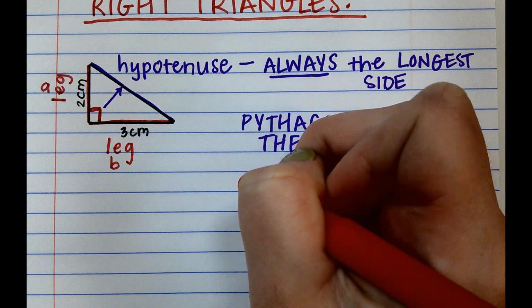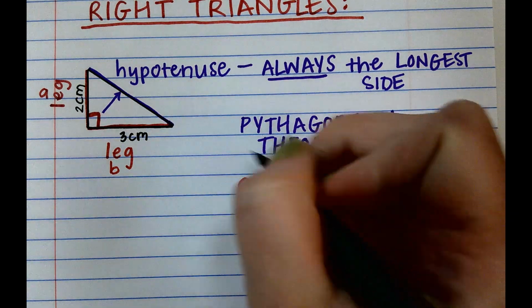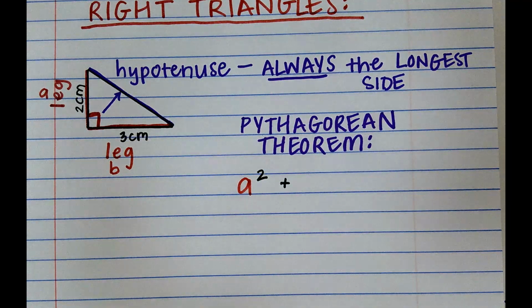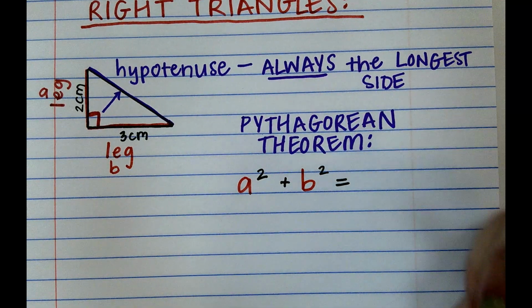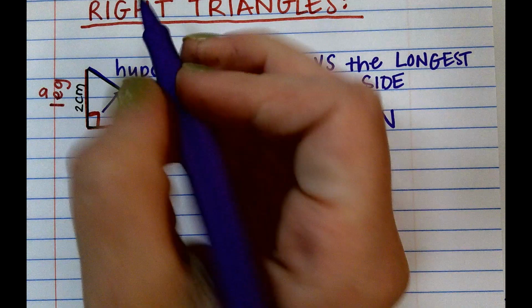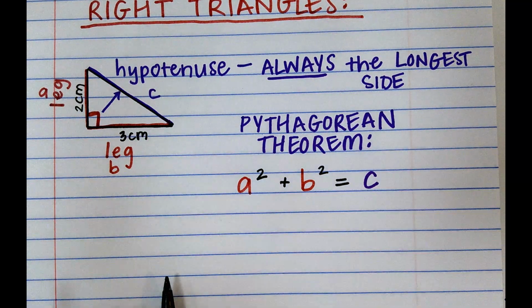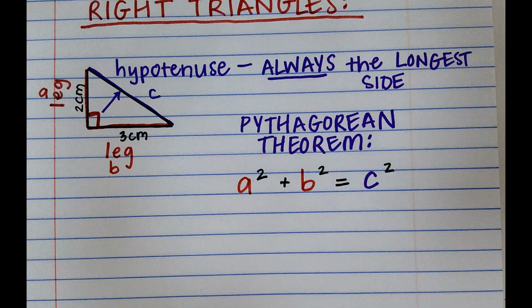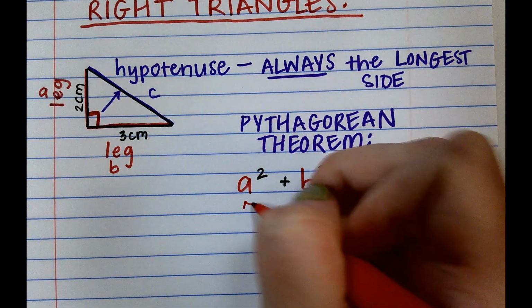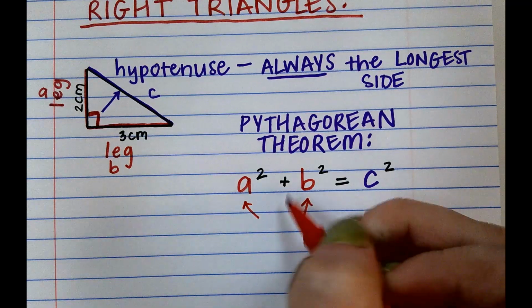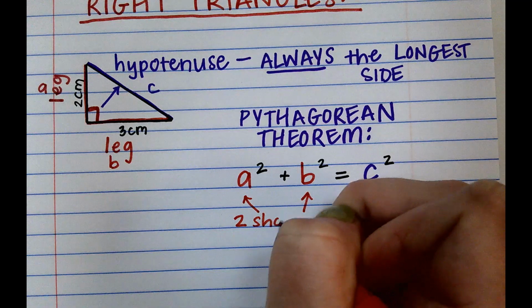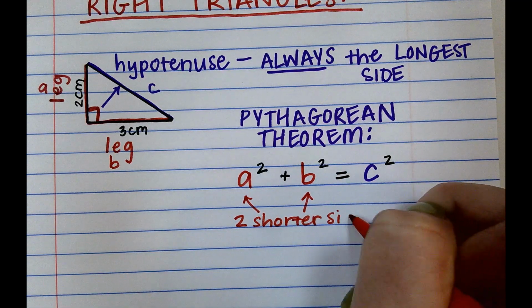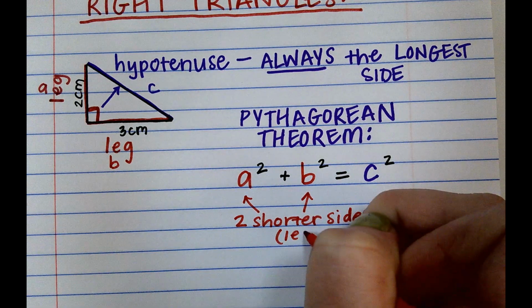You can say A squared plus B squared equals C squared, if the hypotenuse is C. So just label this A and B. Doesn't matter which one you make A and B, it just has to be the two shorter sides, or the legs.